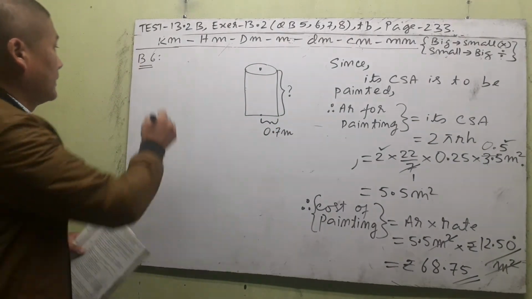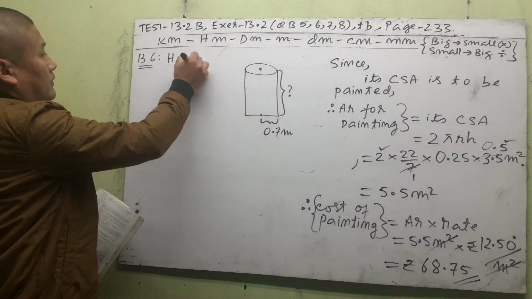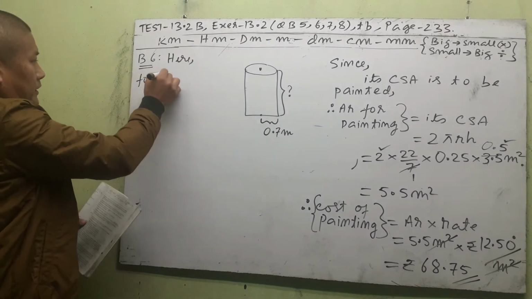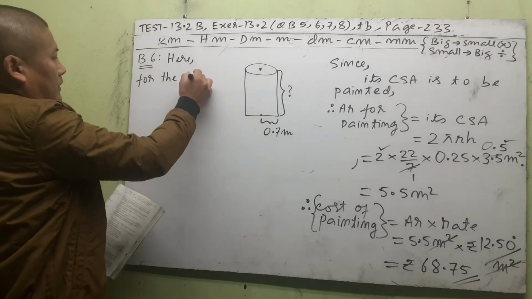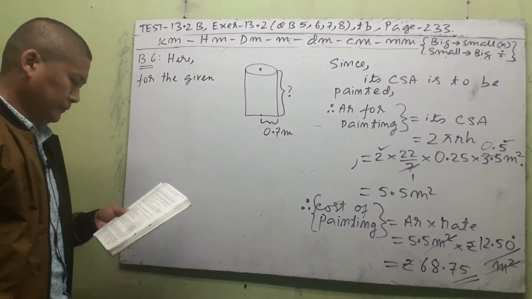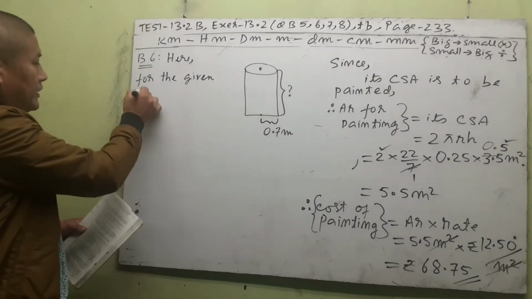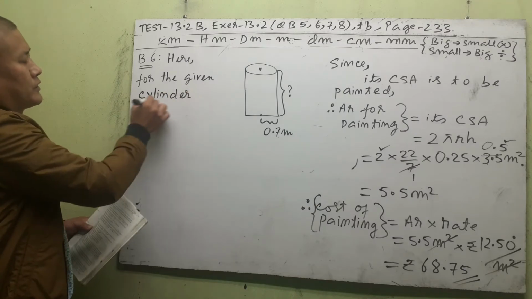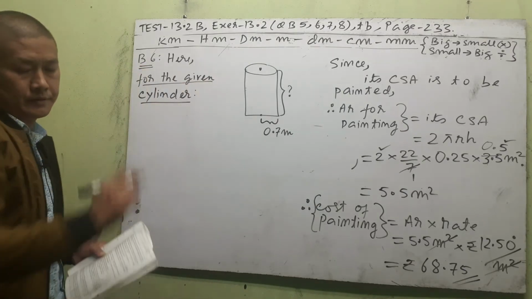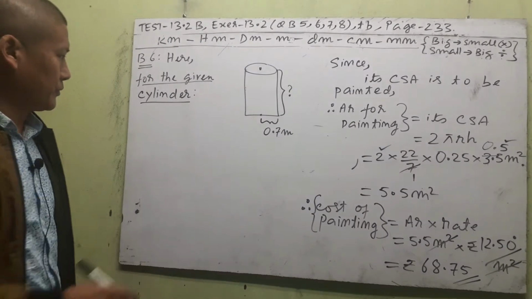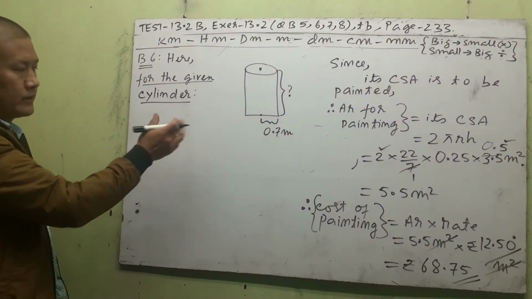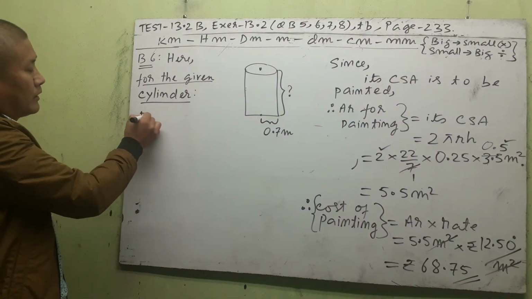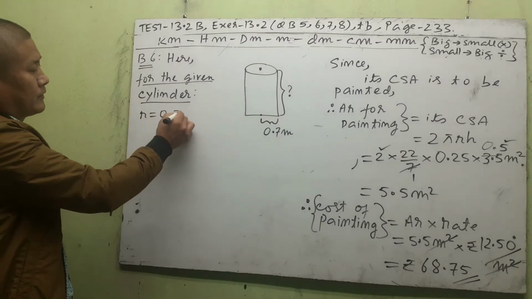So here, for the given cylinder, right circular cylinder, or cylinder means the same thing. So we can just shorten it and write cylinder. Cylinder is understood to be right circular cylinder, the regular cylinder. So R, radius, is 0.7 meter.